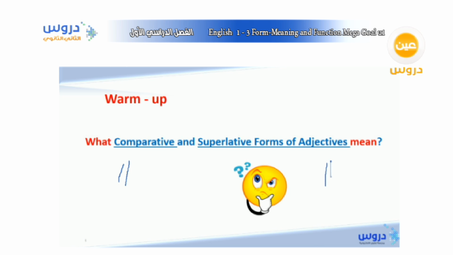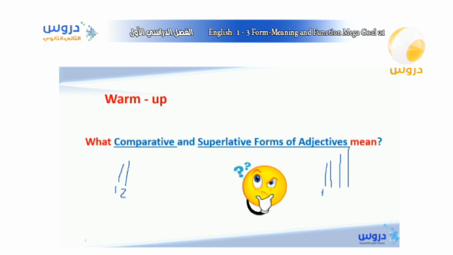Superlative is for more than two things. For example, here we have line 1 and line 2. Line 1 is smaller than line 2. Line 2 is taller than line 1.